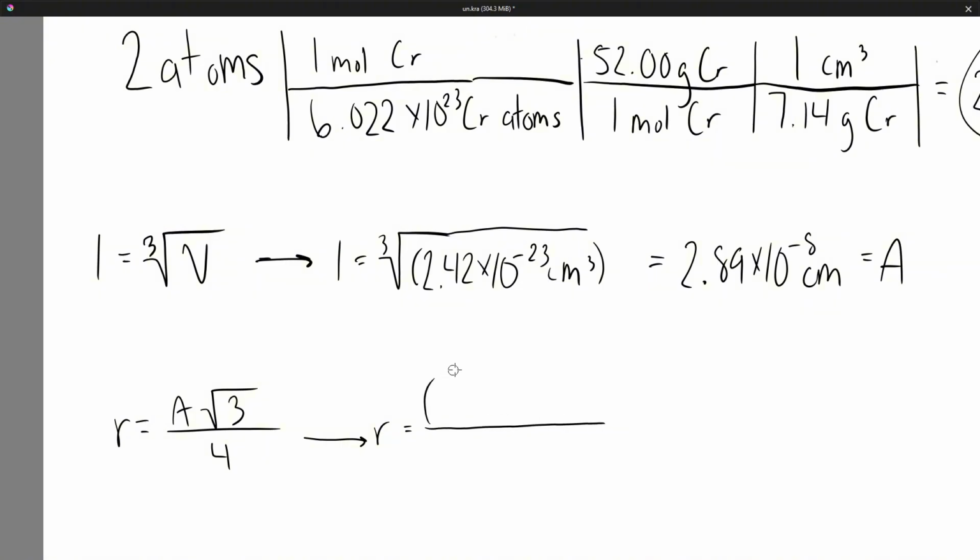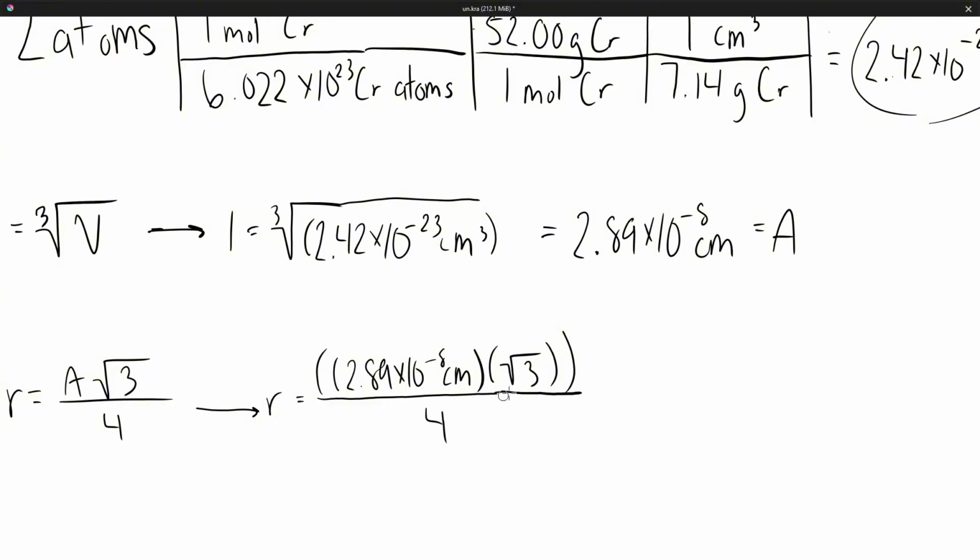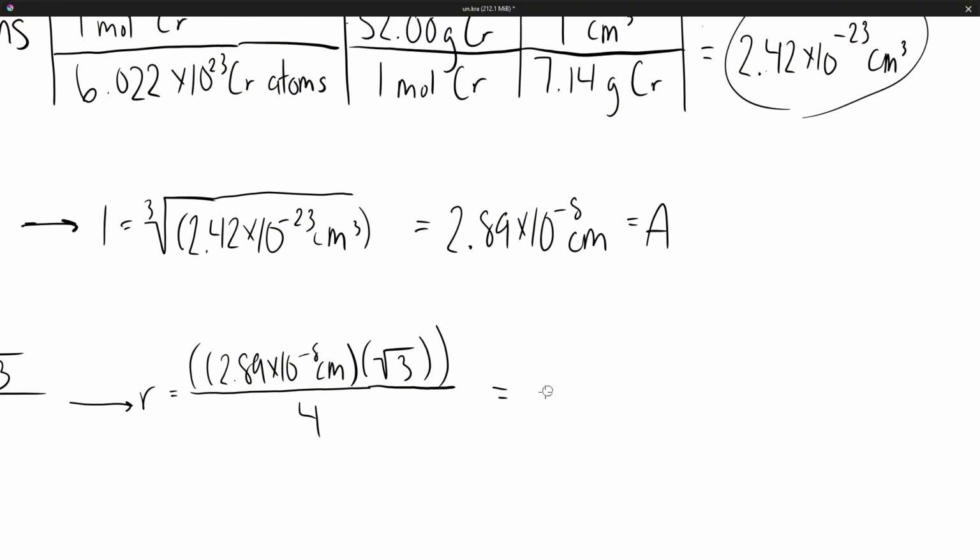R equals 2.89 times 10 to the negative 8 centimeters times the square root of 3 divided by 4. And that got me a radius of 1.25 times 10 to negative 8 centimeters. That'll be your answer right there.